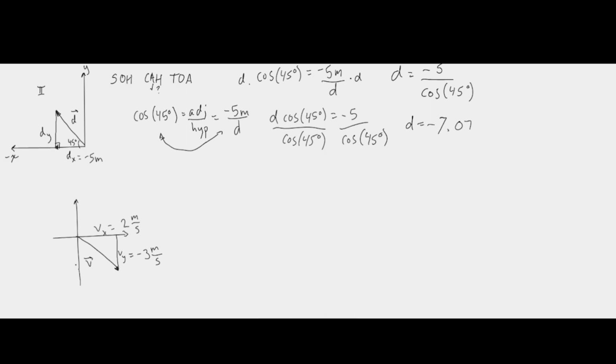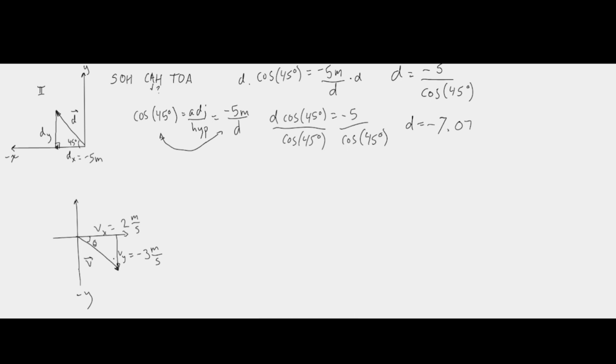It's negative because in this fourth quadrant, you can see Vy is pointing in the negative y direction. Vx is still pointing in the positive x direction. So what I want to find is this angle that the v vector makes with respect to the horizontal.